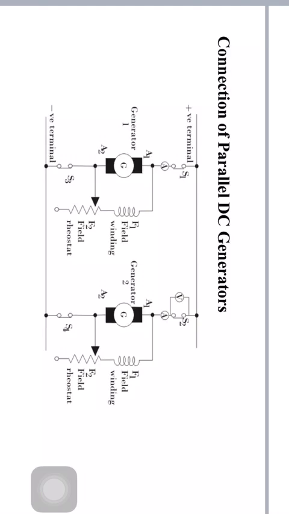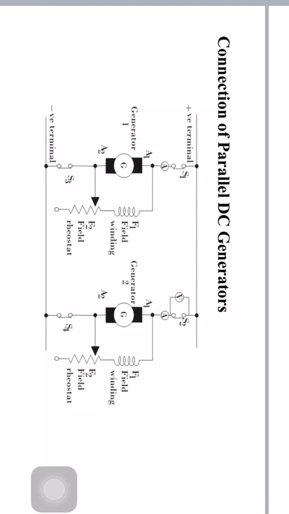and the generator is said to be floating on the bus bars. If generator 2 is to deliver any current, then its generated voltage E should be greater than the bus bar voltage V, and in that case the current supplied by it is I = (E - V)/Ra, because E is greater than V, and Ra is the resistance of the armature circuit.